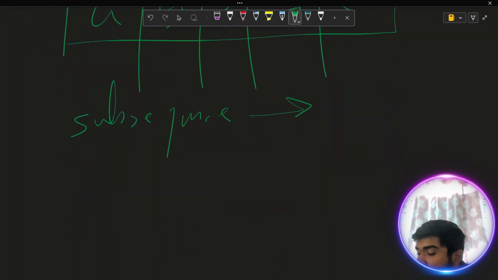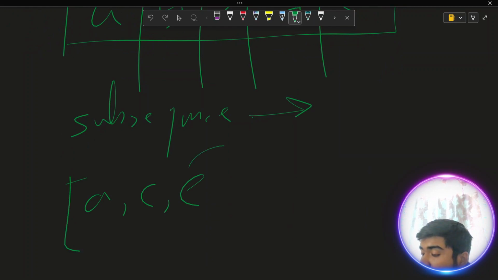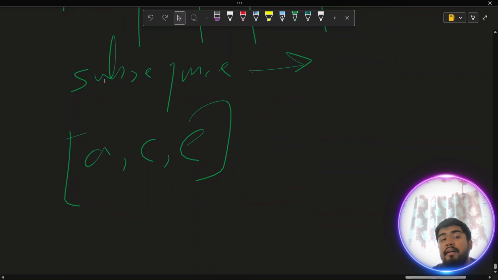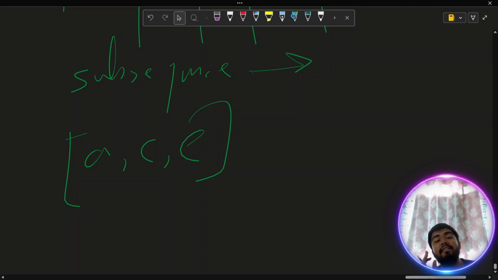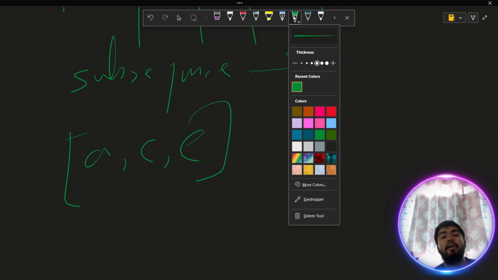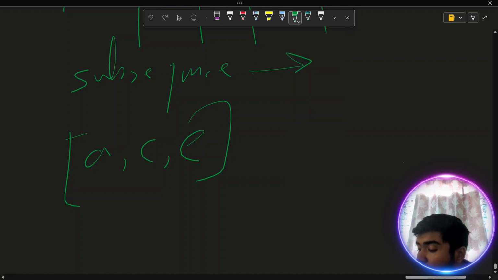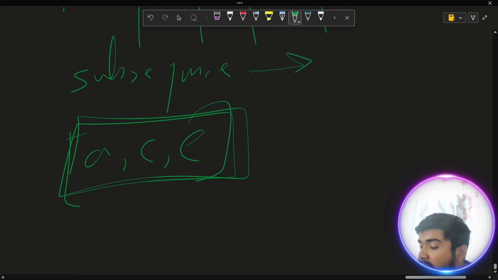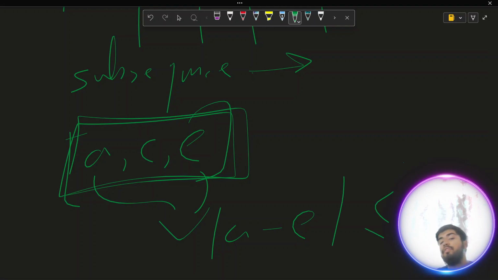Let's suppose you select this A, C, and E. The delta of the minimum and the maximum, if I consider it in sorted format, is A minus E. That is my absolute difference. I need it to be less than or equal to K for sure, for all the cases.